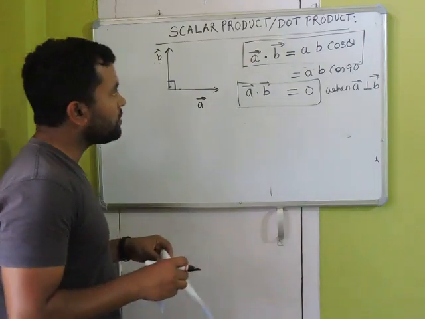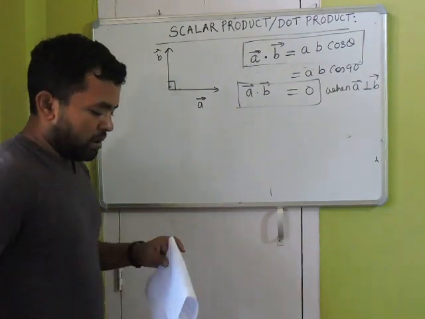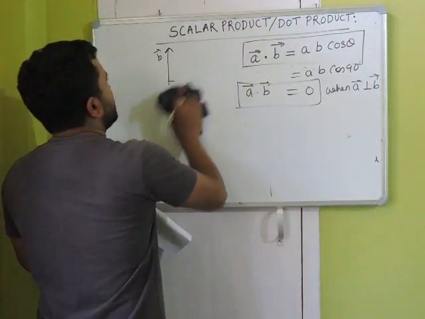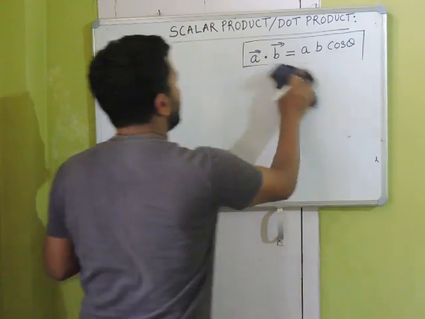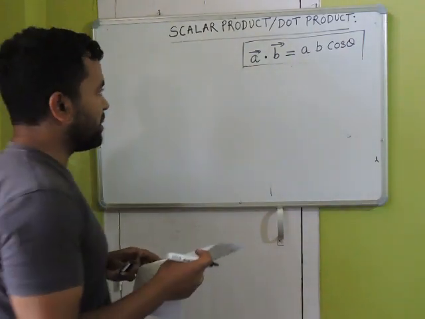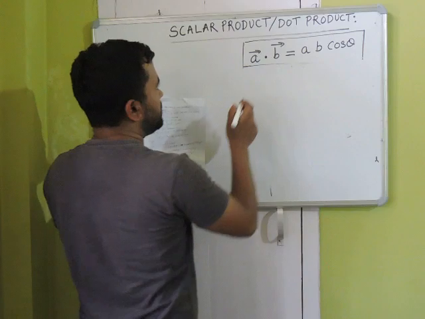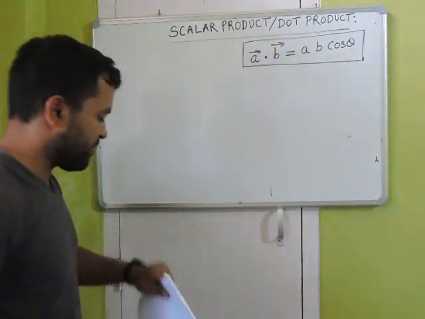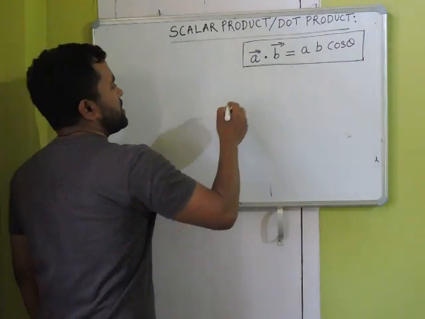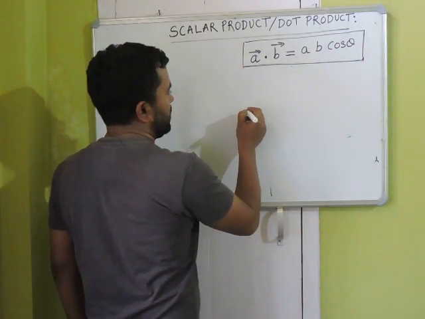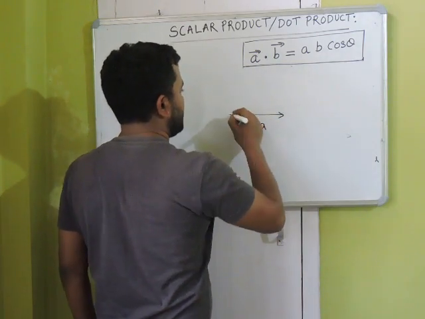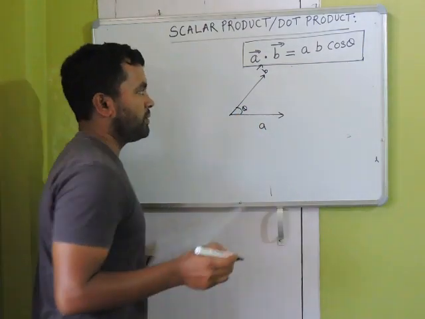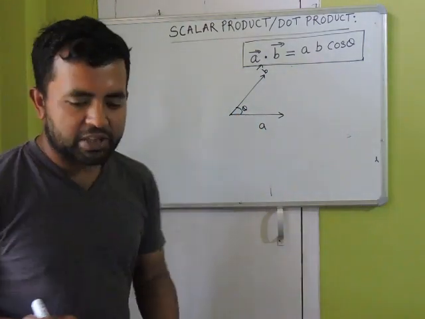Now let us use this idea with unit vectors. If you remember, let us have one more look at this expression. This is, let us say, A, and this is B, and this is theta.